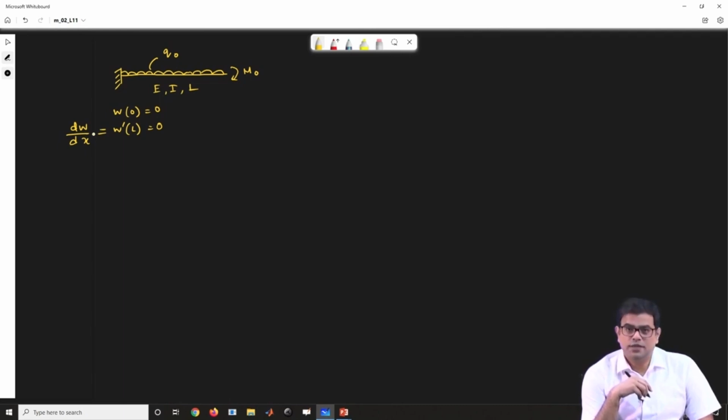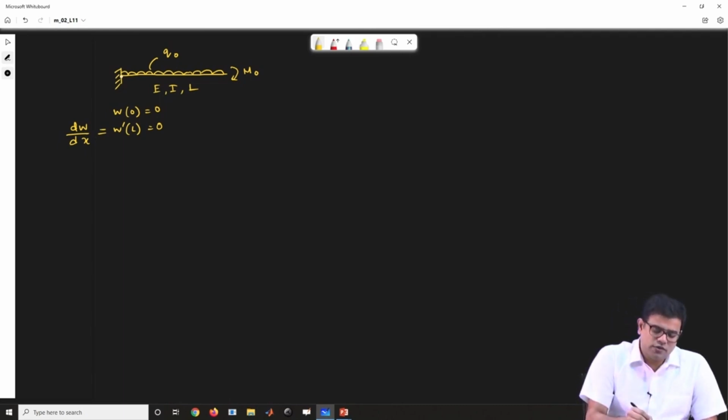So slope and displacement are 0 at x equals 0. And what is the boundary condition at this point? You see moment is given. So naturally EI d2w/dx2 is M0.